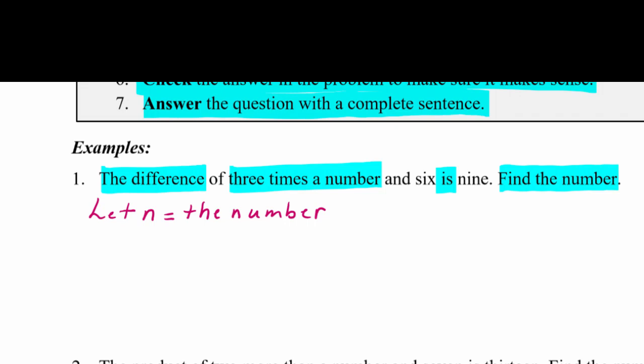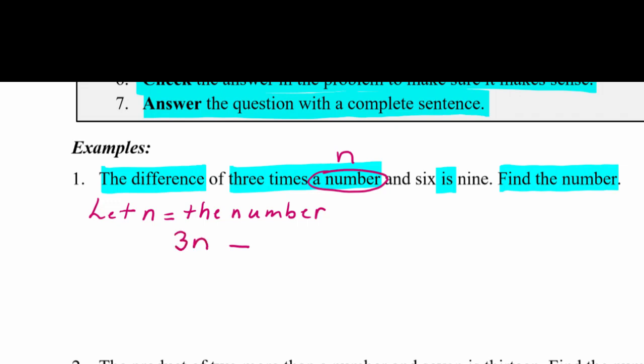Okay. So now we have to use the given information, we've got it highlighted here in blue, in order to write an equation. So we have the difference of, which we decided was a subtraction, 3 times a number. So our number, we're now letting that be n, okay? And so 3 times a number will be 3 times n.